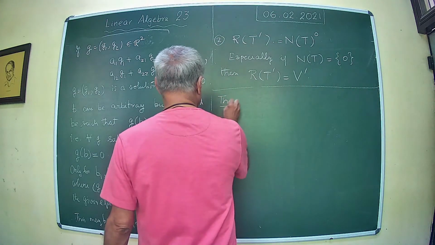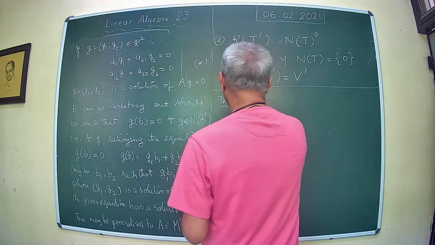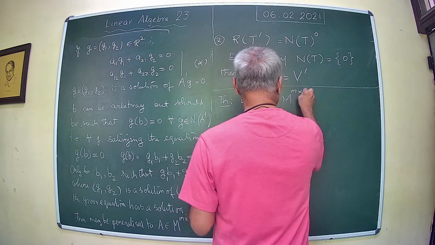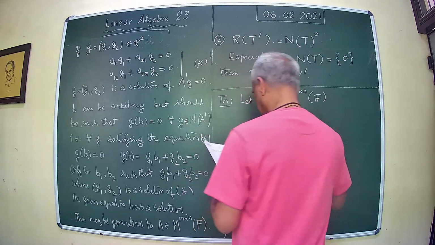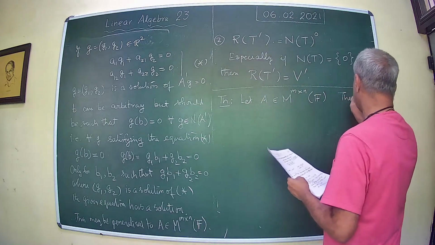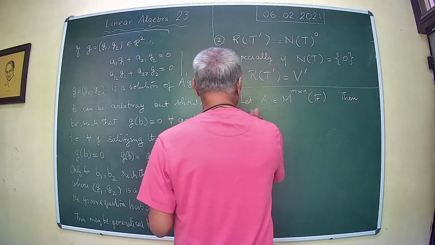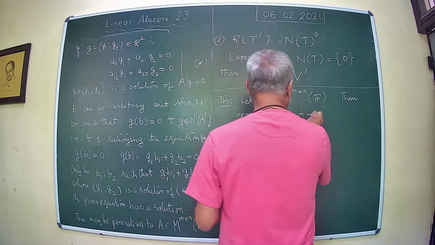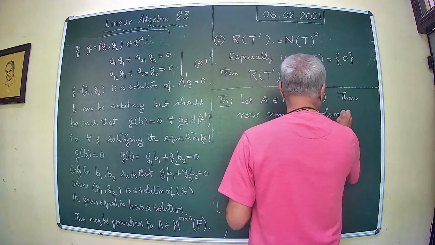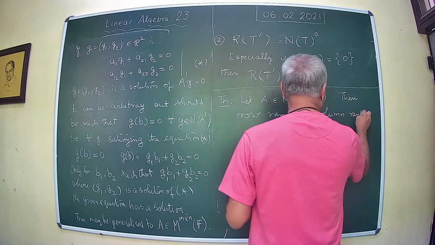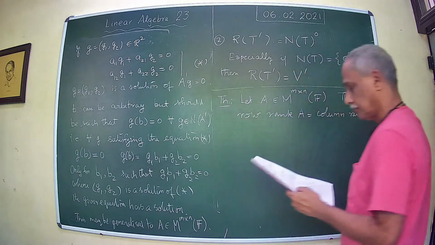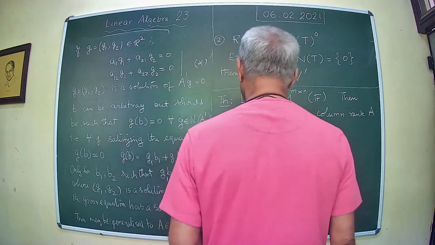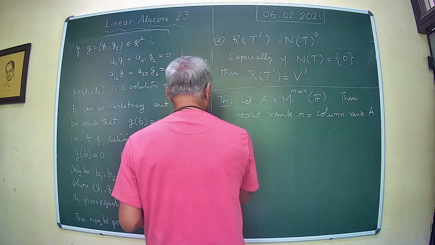So the theorem, which we have already proved, is that A belongs to... then row rank of A equals column rank of A. So let us give an alternative proof of this.